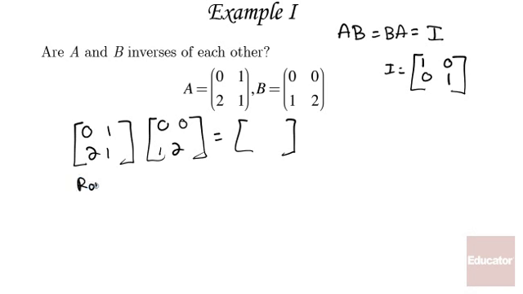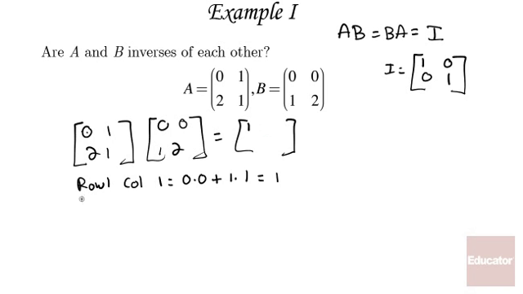First, row 1, column 1. First row, first column. That's 0 times 0, plus 1 times 1. And that's going to give me 1 in this position.